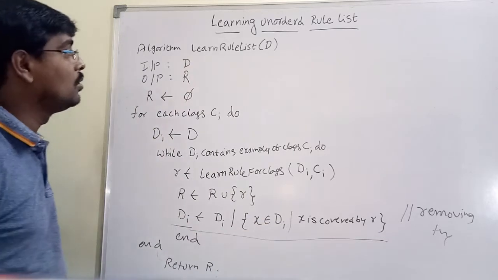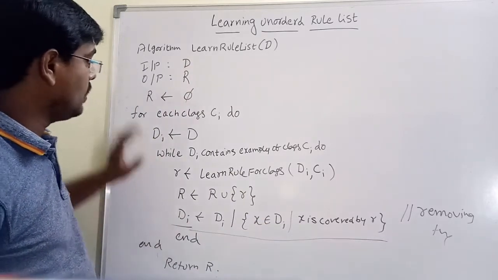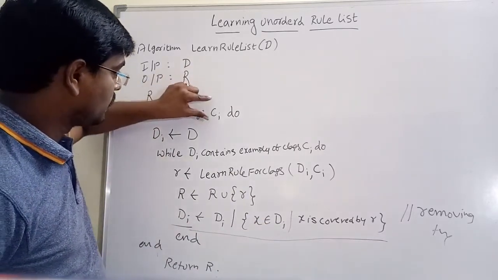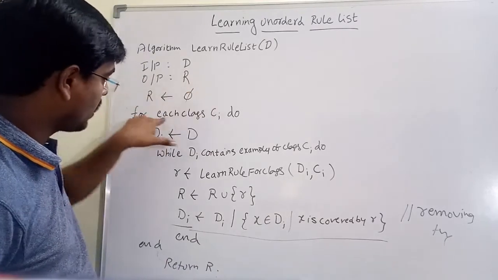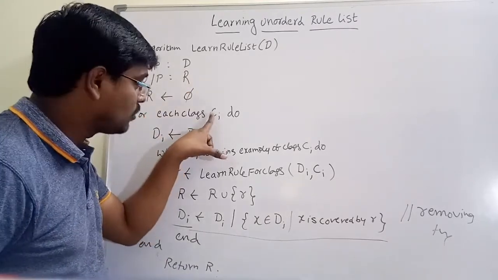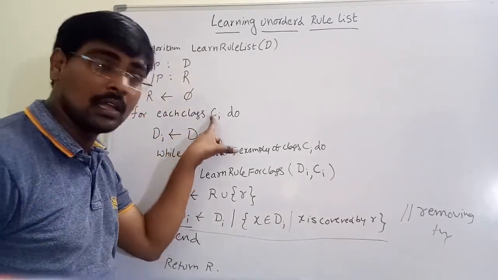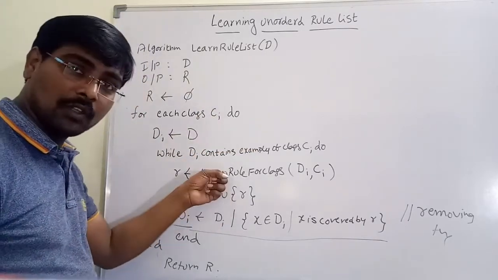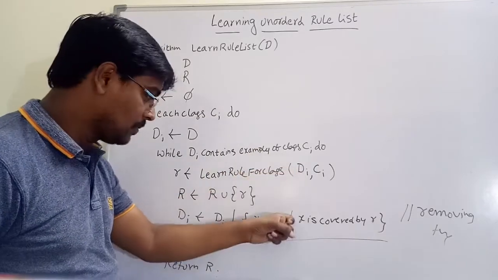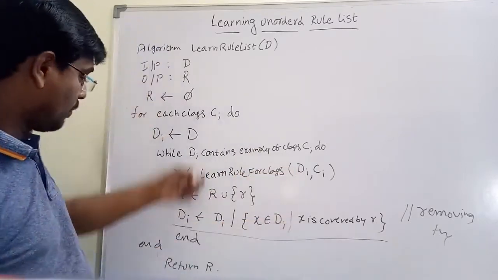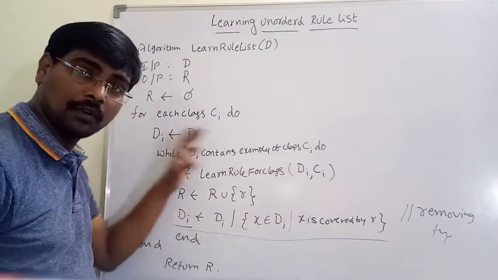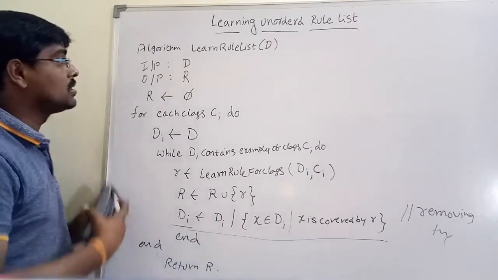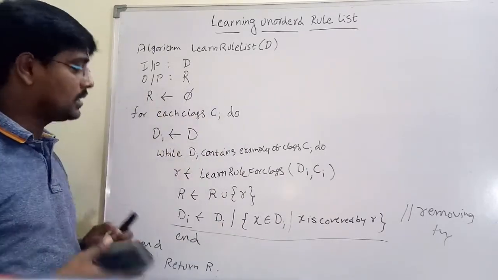This is the learn rule list algorithm. Our concept is very simple. We are iterating over each class. Suppose I am using the first positive class. For this class I pick one rule and check it. If the rule is satisfied by the examples, remove those examples and perform the iteration. Okay, this is clear.